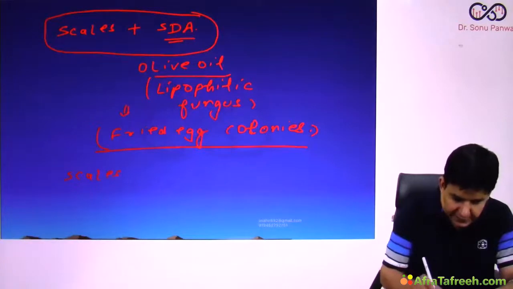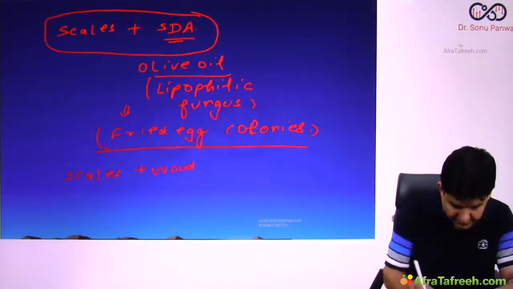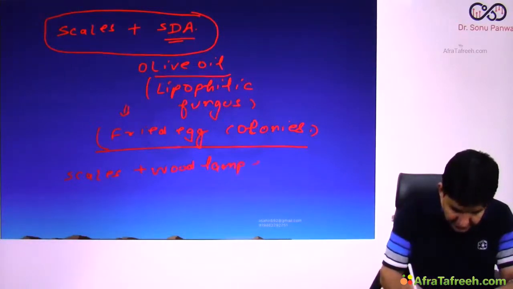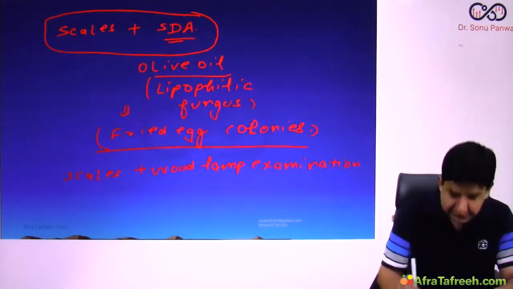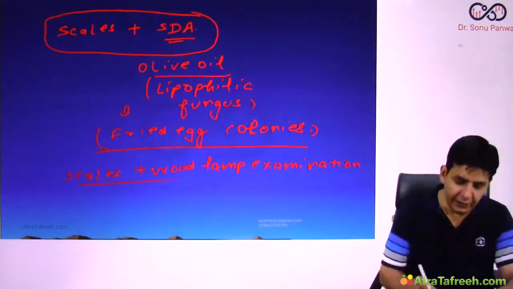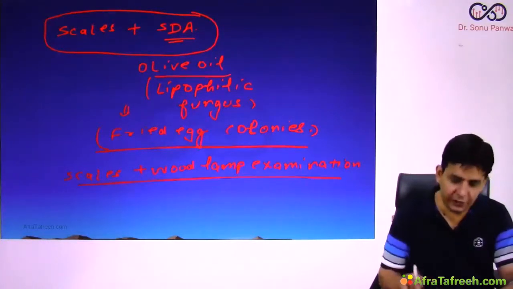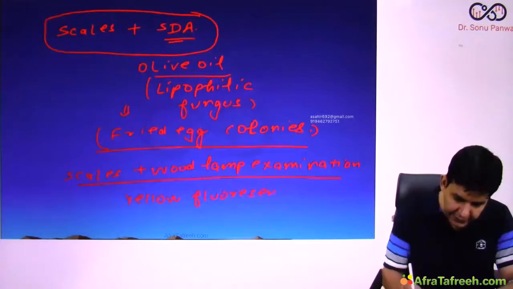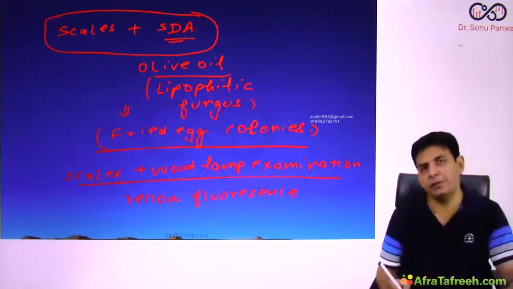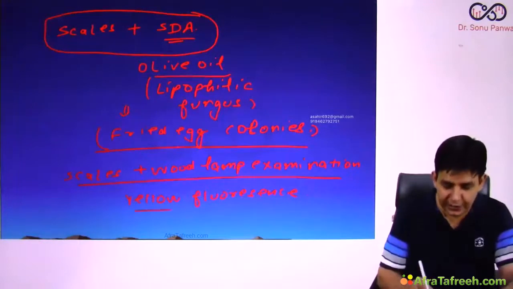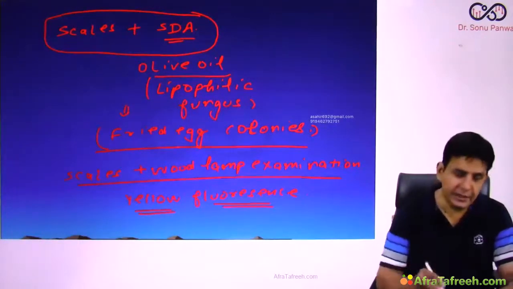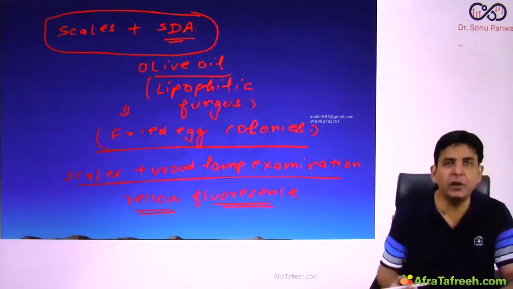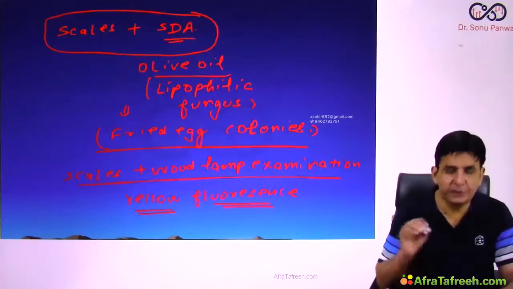Then these scales you can also put up for wood lamp examination, and in the wood lamp examination you observe a yellow fluorescence. You need to remember that the wood lamp examination shows yellow fluorescence, and the scales when put in SDA give fried egg colonies.